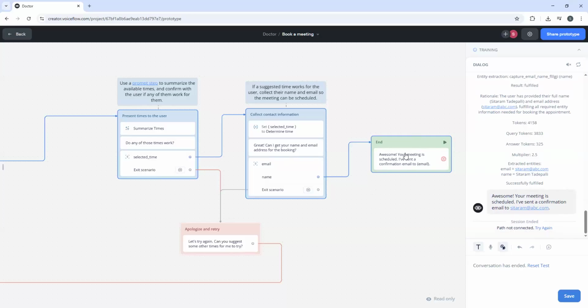It can create a template, and the template will have something like, hello Sitaram, your appointment with Dr. Sai Kumar is confirmed at 9 a.m. today. Please come 5 or 10 minutes early so that there is no wastage of time or something like that. So you can frame that email, draft the email, and then that email can be sent.